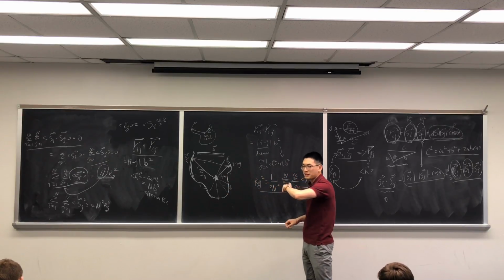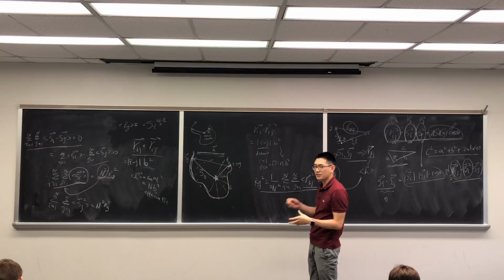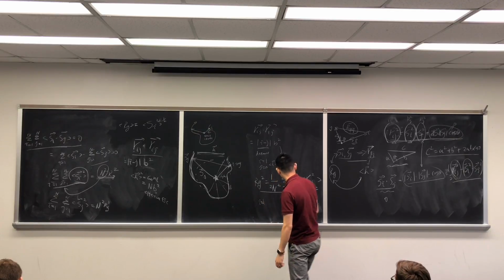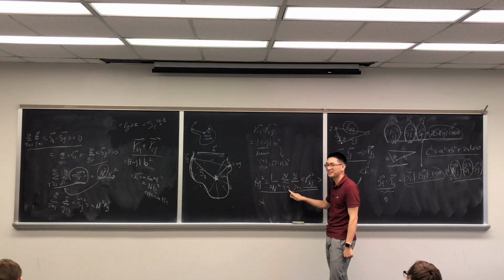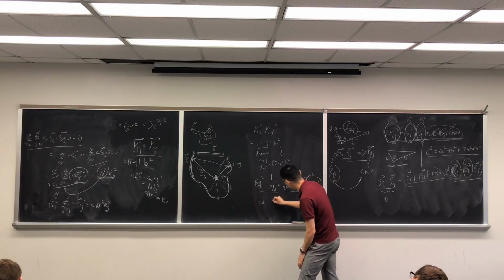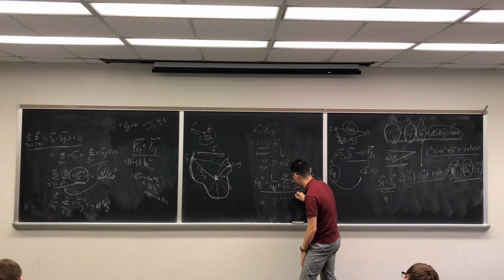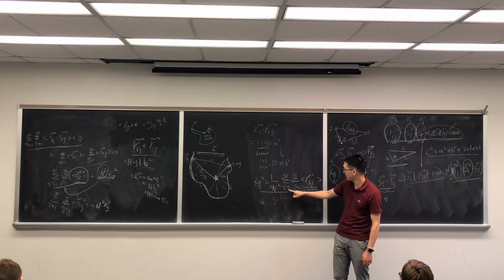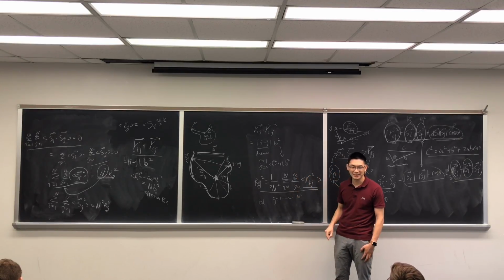Let me give you an explanation. Let's first fix i equals 1. So i is going to always be 1, and j will be 1 to n. With i equals 1, now we can add all the j components.